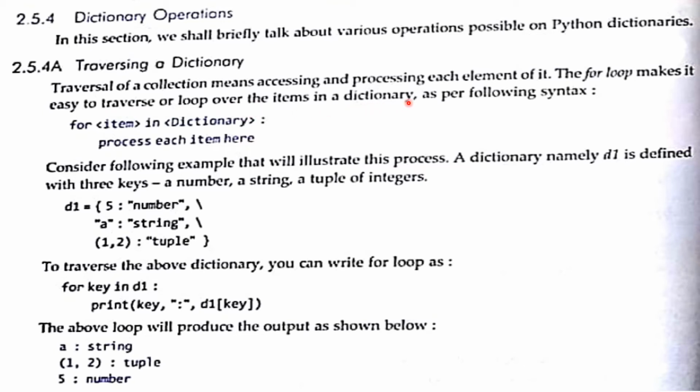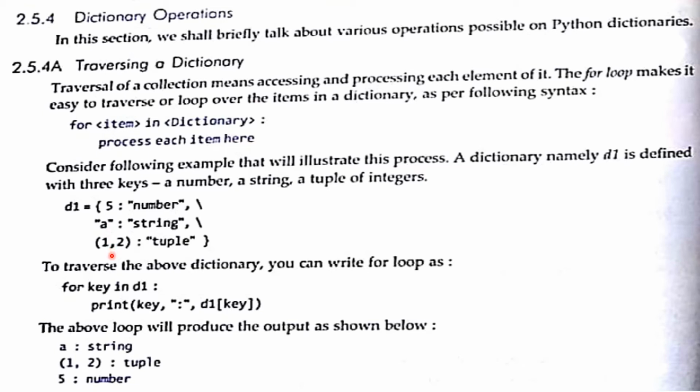So here the name of the dictionary is D1, and for loop is used: for item in D1, and that will process each item here. So in D1, one number is given, one string is given, and one tuple is given.